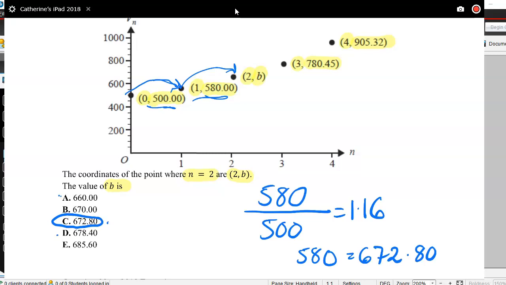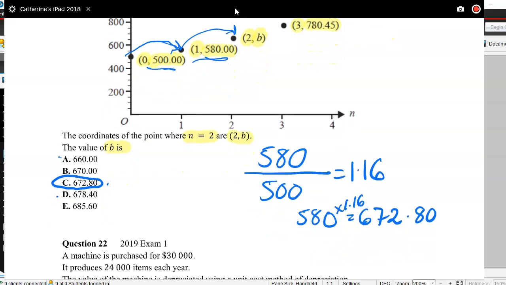And with D, I'm not quite sure what they would have done there, to be honest. Leave that one as a mystery. Okay, let's move on to the next one.